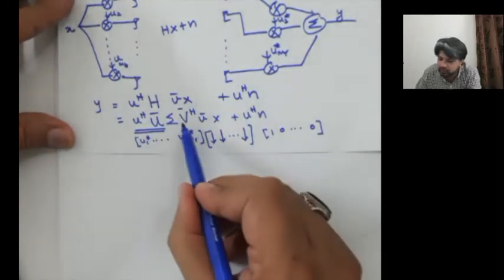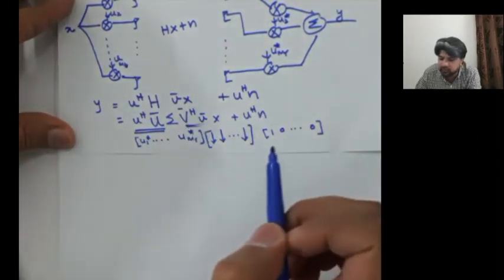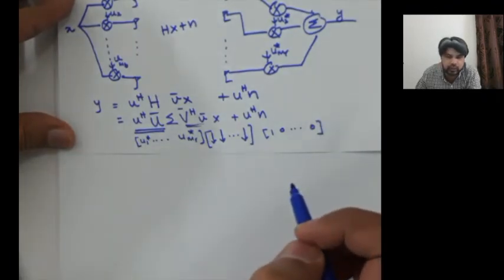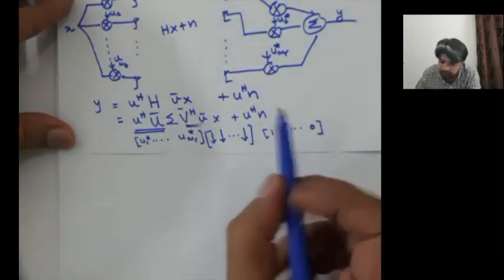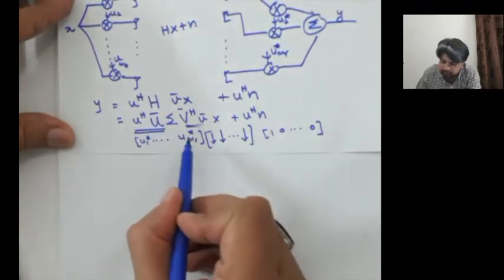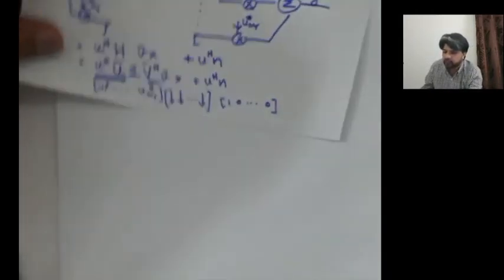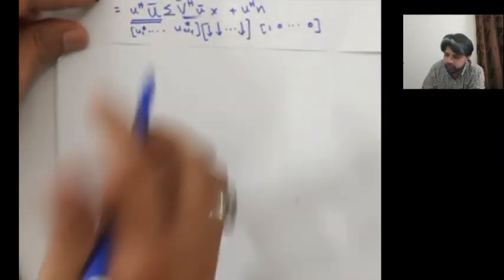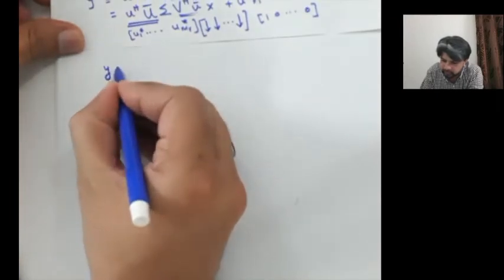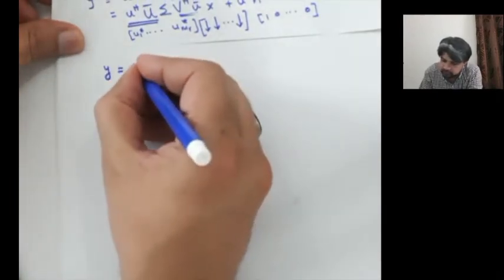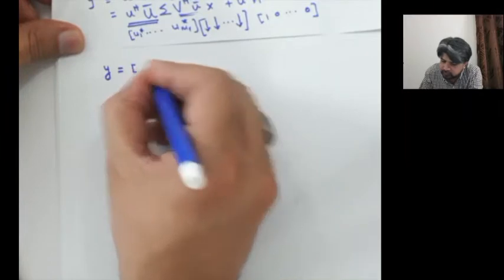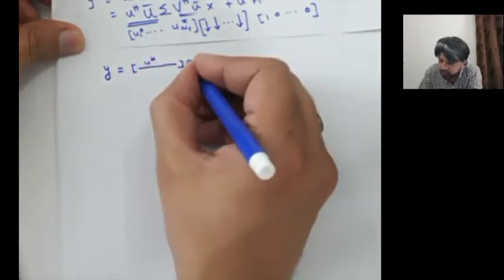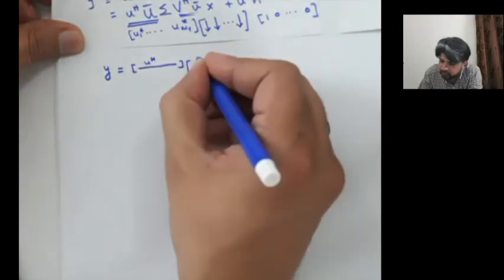Right? Similarly, this V Hermitian times V would also give you a column vector with the first element of 1 and all others would be 0. And hence, effectively what would happen is, this Y would be, you have this U Hermitian that gets multiplied with this U matrix.